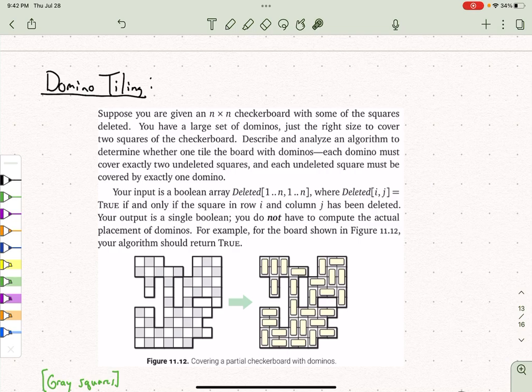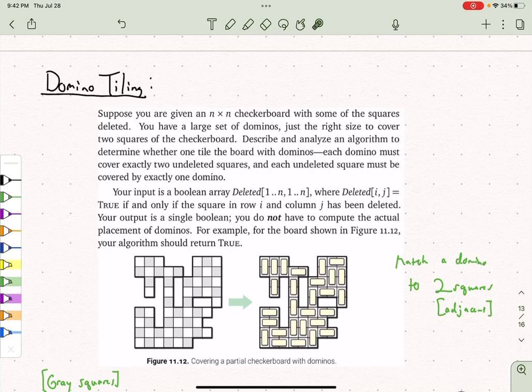So how do we solve this one? Well, intuitively, it's going to be similar. For each domino, we want to match it to two squares. In particular, these have to be adjacent squares. So we want to somehow construct a graph and compute a matching that will assign each domino to two squares.